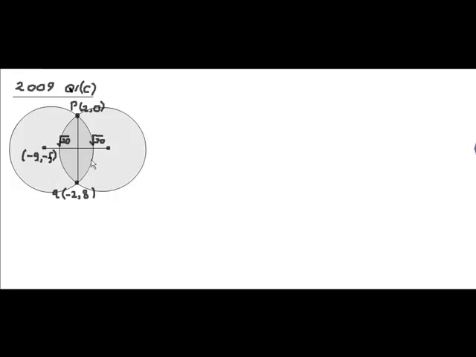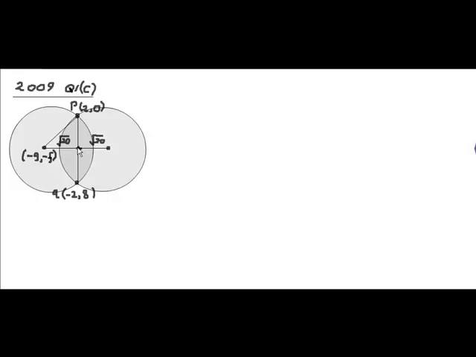A good tip in any circle question, even when you're not asked, is to fill in any missing radius. So there's certainly a radius from here to here. And let's see if that will help us. It should be obvious that the midpoint of the common chord is on the line joining the centres.